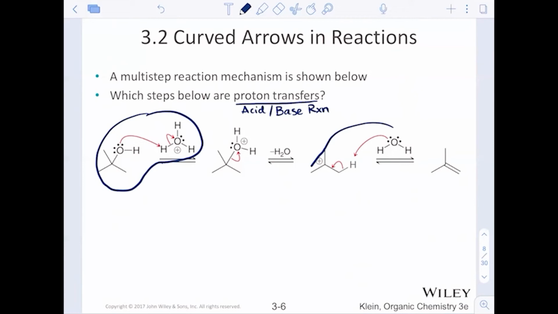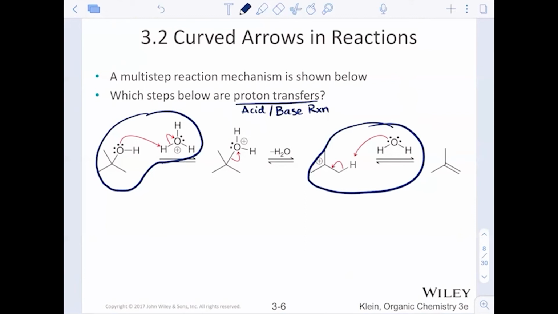These first and last steps are the proton transfers. They are both looking like an arrow pointing towards a proton, a hydrogen, and dumping some electrons on the leftovers. Before long, you'll be able to draw mechanisms all the way through, just like this one, not just the acid and base ones.